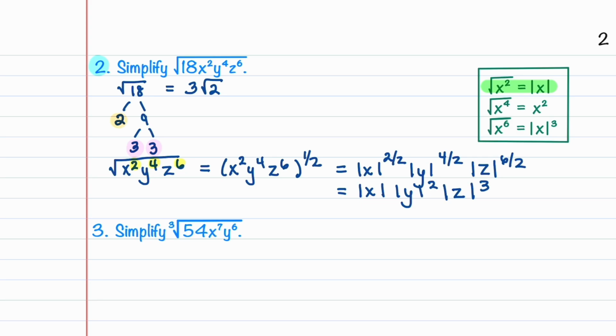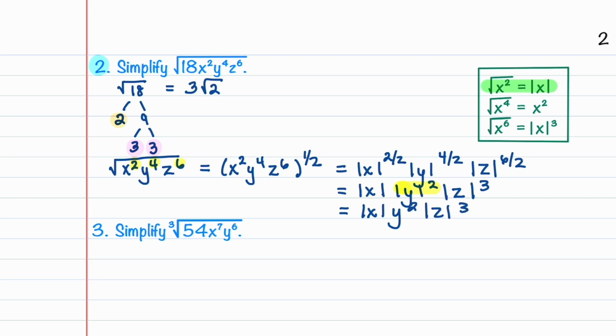Now, what's done in practice is to simplify this a little bit further, and I want you to focus on this term right here. It is a squared term, and because it's squared, it's always going to be positive. So in practice, what happens is the absolute value sign just gets dropped. So we're going to write this as absolute x, y squared, absolute z cubed.